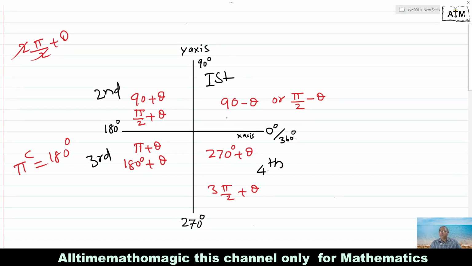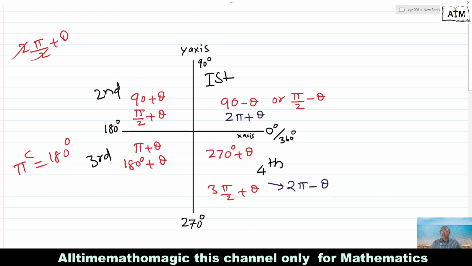We can think of the same thing in another way as well. In the first quadrant, any angle more than 360 degrees can be written as 2 pi plus theta. And in the fourth quadrant, any angle less than 360 degrees can be written as 2 pi minus theta.